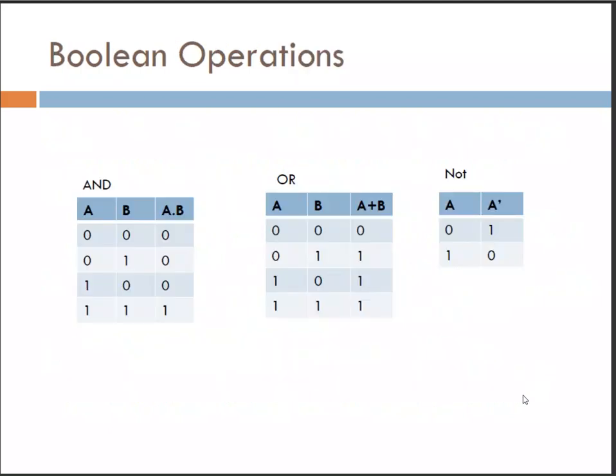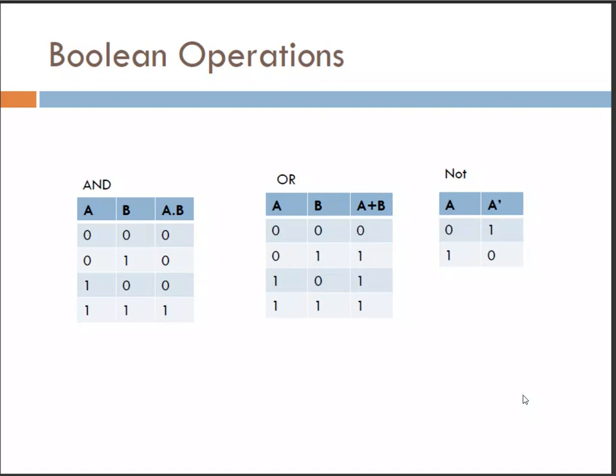Here we have the most commonly used Boolean operations: AND, OR, and NOT. All those operations are represented using a truth table. As you know, a truth table gives us the logic of each operation.